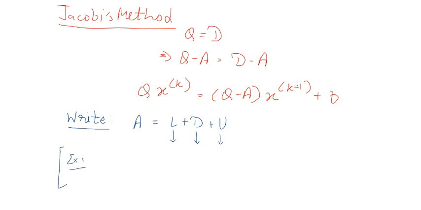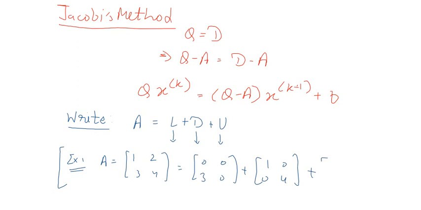If you wish to take, let's say, A equals [1 2; 3 4], and write it in the above form, that is [0 0; 3 0] plus [1 0; 0 4] plus [0 2; 0 0]. So this is your L, this is your D, and this is your U.